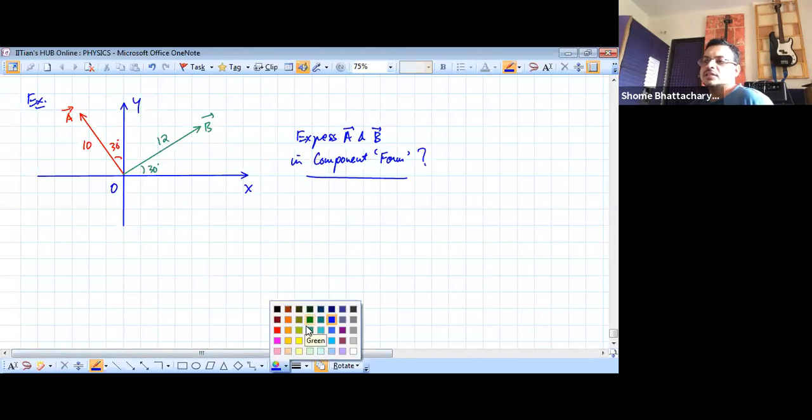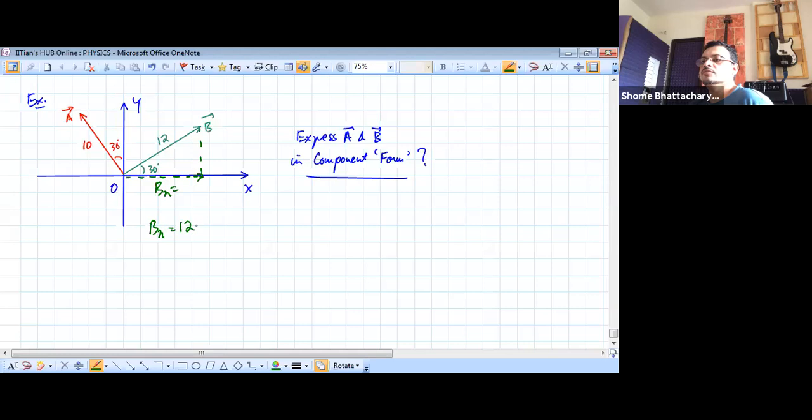So for B it's very easy. Just drop this perpendicular here, so you can see that this is Bx. So that is going to be 12 cos 30, so that is 6 root 3, and By will be 12 sin 30, so that is 6. So the vector B in component form is very easy. It is 6 root 3 i cap plus 6 j cap.